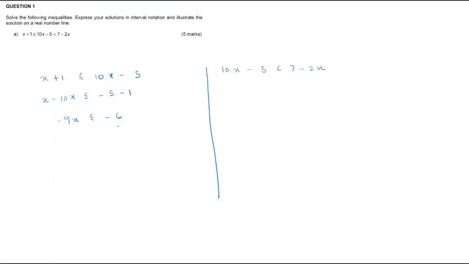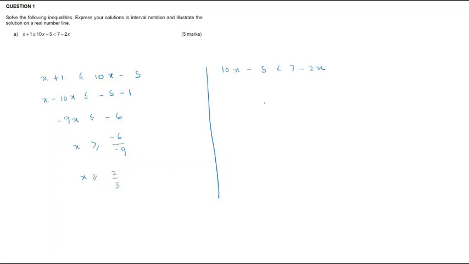Whenever we move a negative value to the other side involving multiplication or division, we must change the inequality sign. So negative 6 over negative 9. The original sign is less than or equal, now it's greater than or equal. Simplify, negative 6 over negative 9 is 2 over 3.